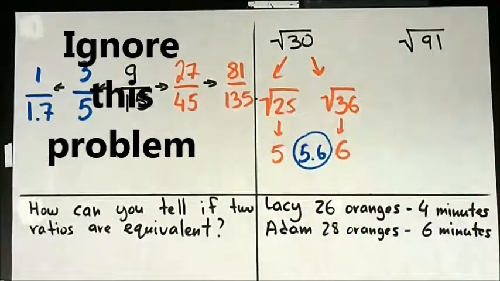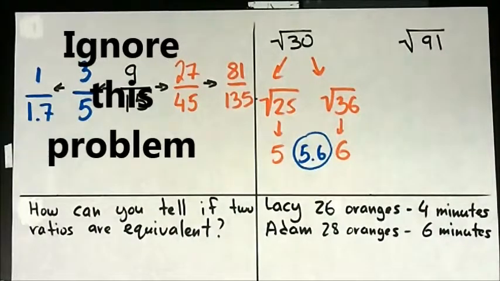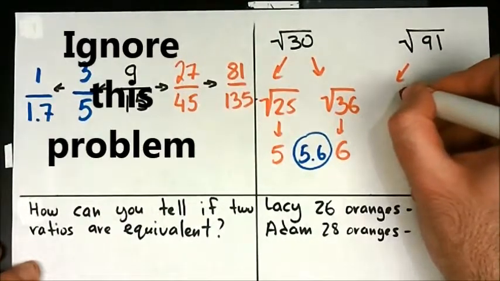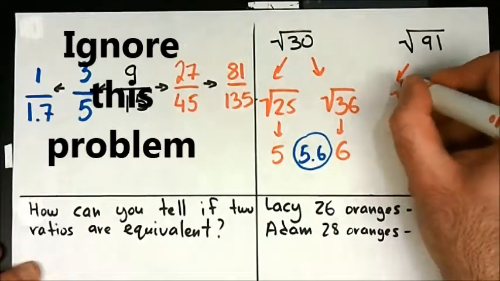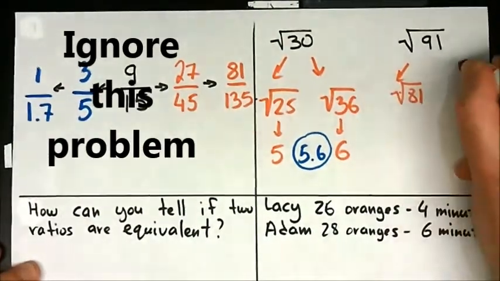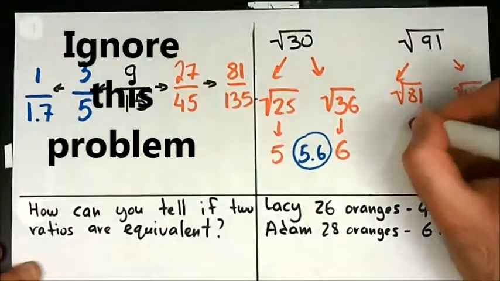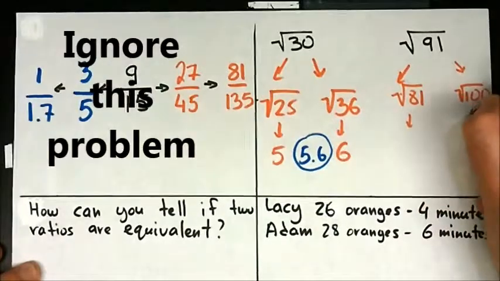Same thing for the 91. 91 is not a perfect square, but what are some perfect squares between which 91 falls? On the lower scale we have 81. On the higher scale we have 100. And what are the root answers for each of these?